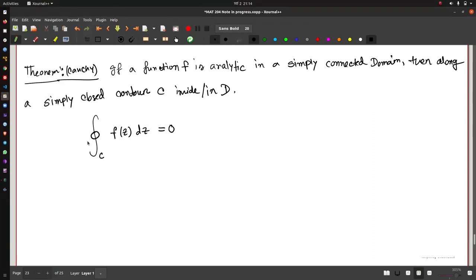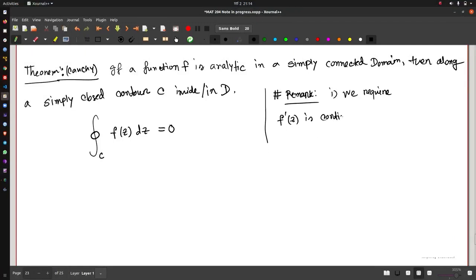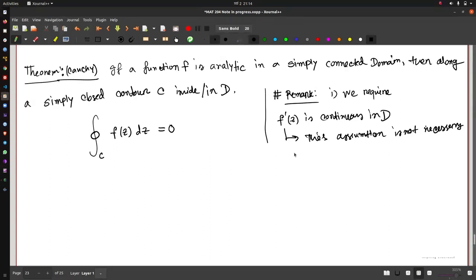This is the famous Cauchy's theorem, and the proof is pretty simple. Also, I want to leave some remarks over here. While we stated this theorem, we have to require that f prime of z, that means the derivative, be continuous in that domain D. However, this assumption is not necessary in the Cauchy-Goursat theorem.